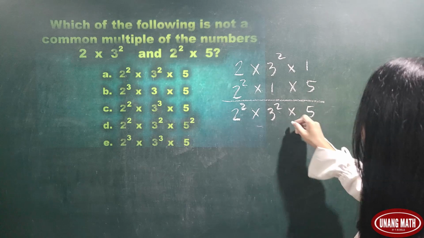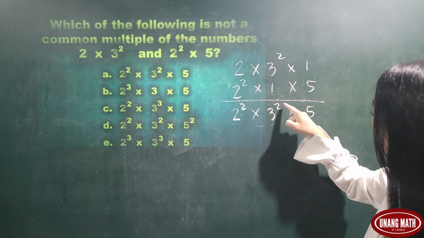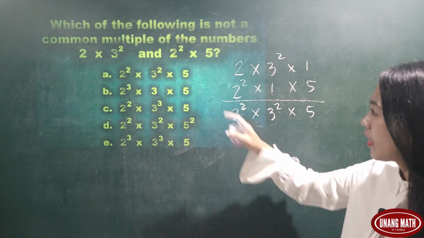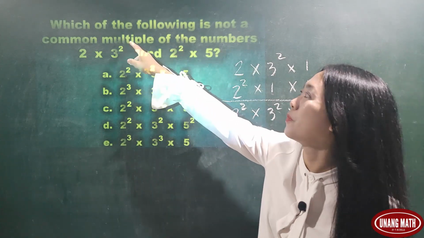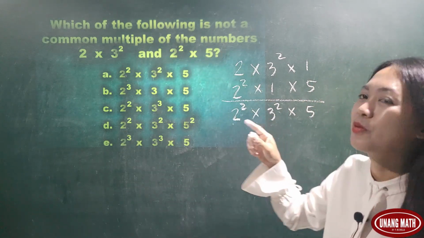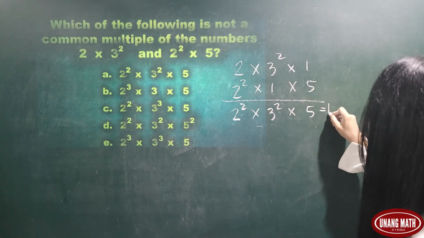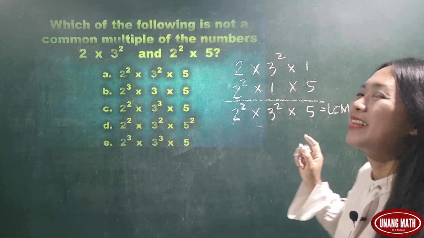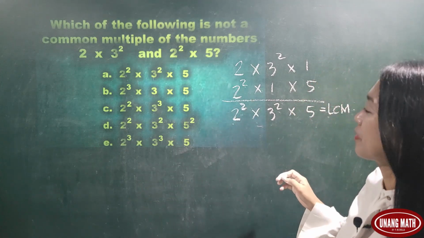So the LCM of these two numbers is 2 squared times 3 squared times 5. This question is asking which is not a common multiple of these two numbers. Okay, remember, multiples are increasing. And the LCM is the minimum multiple of these numbers.